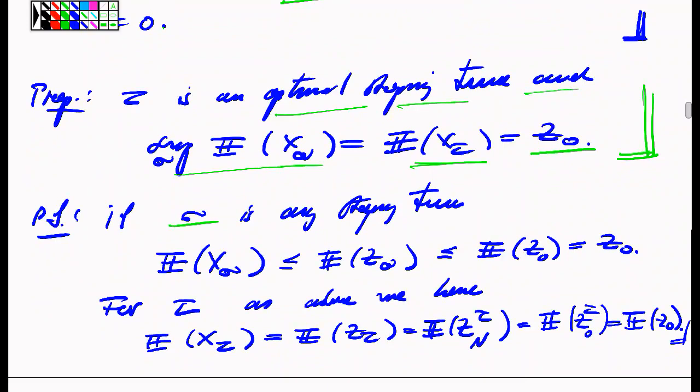Well, if sigma is any stopping time, then since the Z process is a dominating process, just by monotonicity of expectation, the expectation of X_sigma is less or equal than the expectation of the random variable which is bigger, which is the Z. Now Z is, as we had seen, a supermartingale, so it's something which is decreasing in tendency, and therefore this expectation here is less or equal than the expectation of the Z process at initial time.